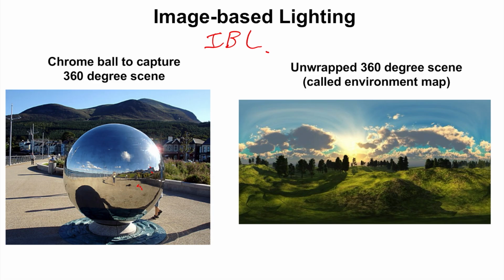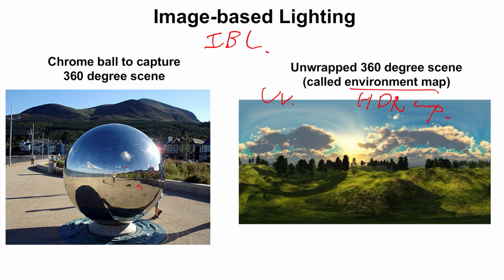We can prepare a chrome ball. Chrome is the name of a material, right? We prepare a chrome ball whose reflection rate is almost 1, so that we can capture all the incoming light on the chrome ball, and then we can unwrap this chrome ball. We have a sphere, right? And then we can unwrap it to the UV space. That is called an environment map or HDR map.